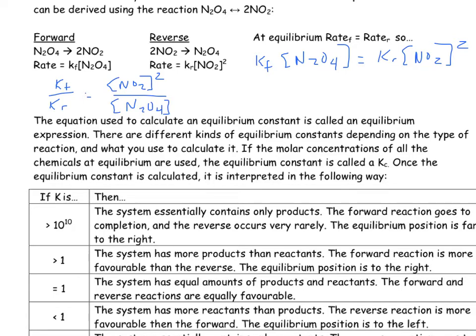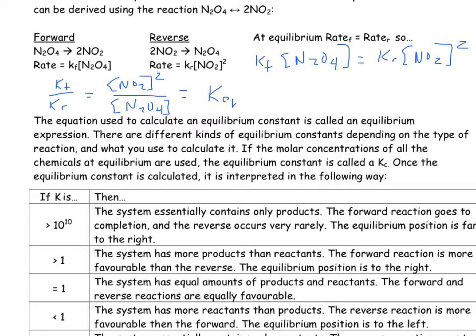Now, instead of referring to the equilibrium constant as Kf over Kr all the time, Goldberg and Waage simplified it to a capital K with a subscript Eq, which stands for the equilibrium constant.